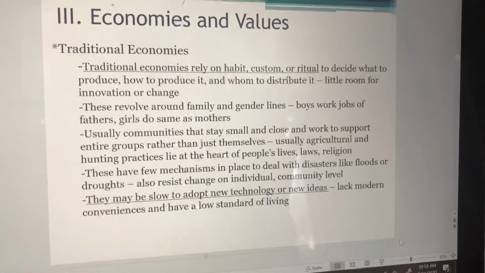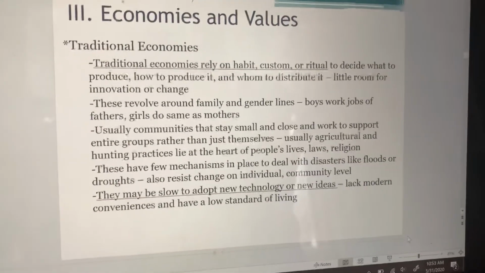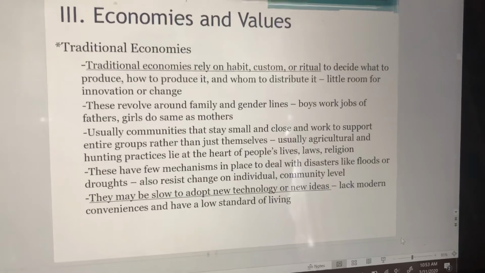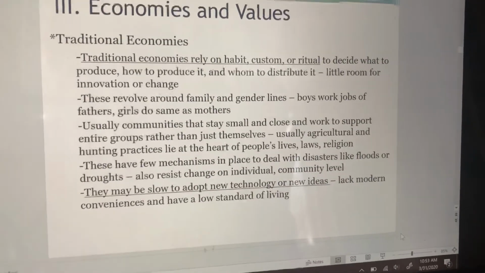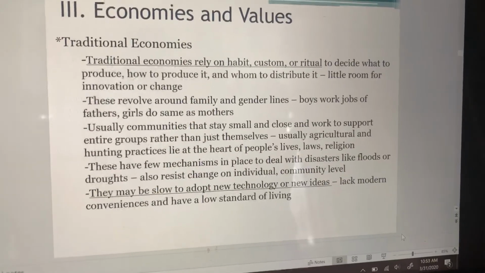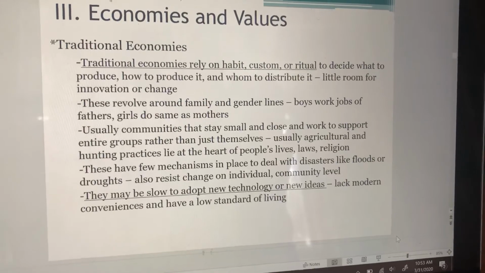So they rely on habit and custom or ritual to decide what to produce. There's really no innovation or change or technology. These societies revolve around the family. Boys work the jobs of their fathers, girls do the same. It's usually a very close-knit community.